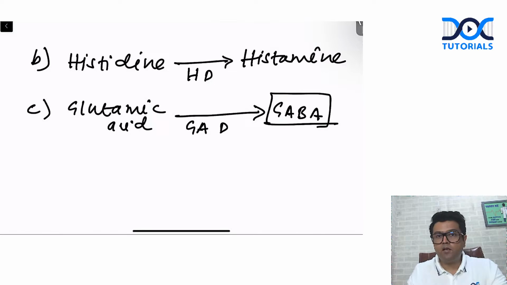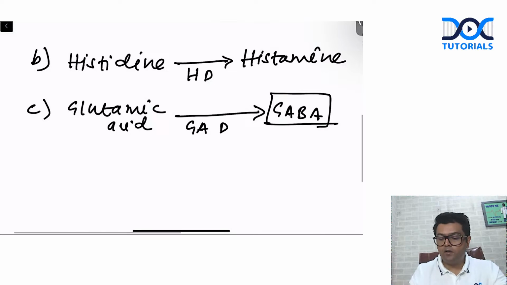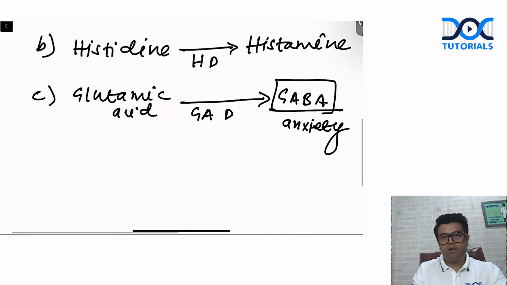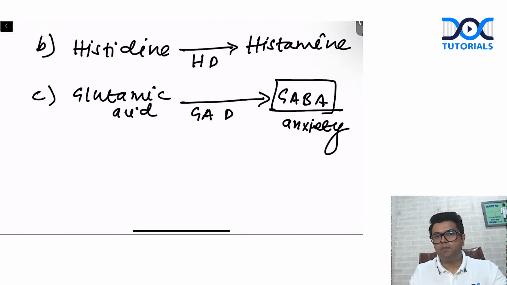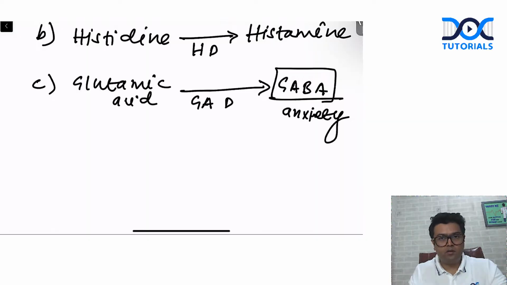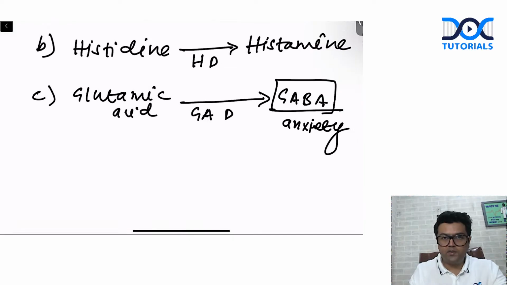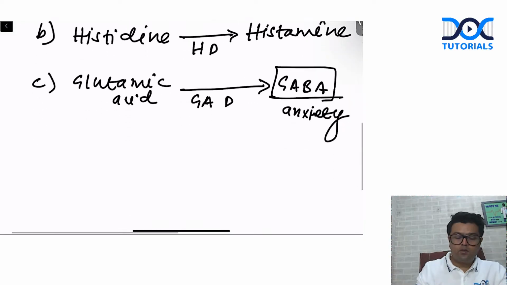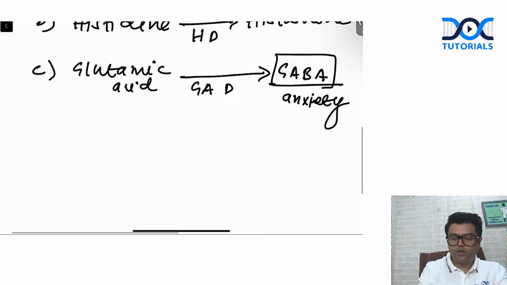So one feature of low GABA can be anxiety. Another can be epilepsy, epileptic seizures, and there are also autism spectrum disorders, a lot of things. So basically glutamic acid is a very important amino acid which produces GABA, gamma aminobutyric acid. Clear? So these are two important neurotransmitters.